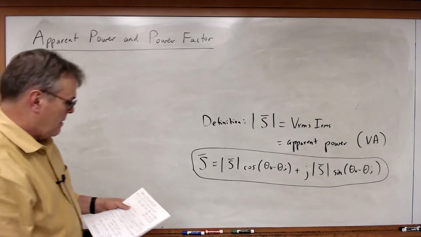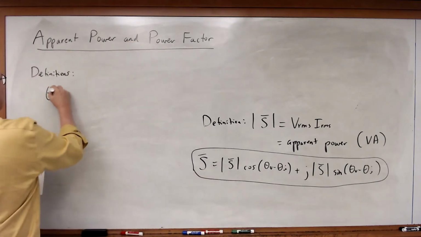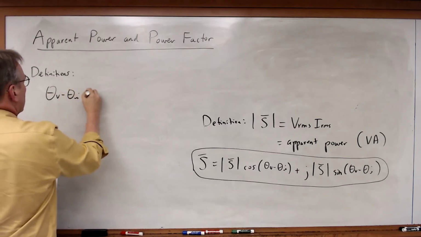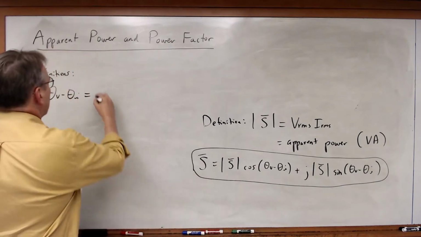I'm going to define theta sub V minus theta sub I. That is called the power factor angle.